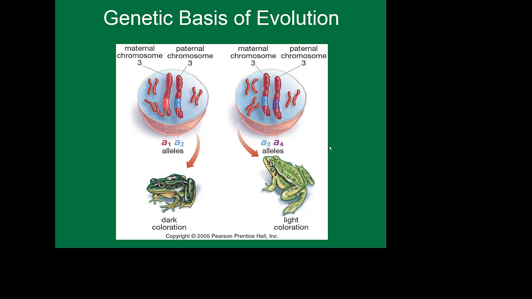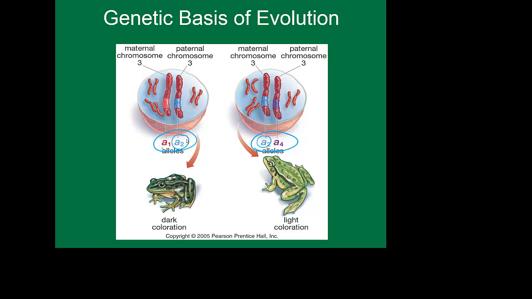So to get our frogs back into the mix here, we can look at the alleles of the original populations. What alleles were present that formed the skin color we talked about? Well, when we look at the copies of the chromosomes in this case, you see that there's 2 different alleles here, 2 different alleles here, and when we look at where they originally came from, we can see that they do share an allele in common, this A2, one from mom, one from dad in these new generations.